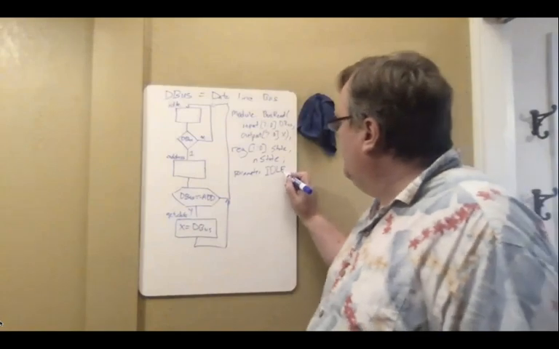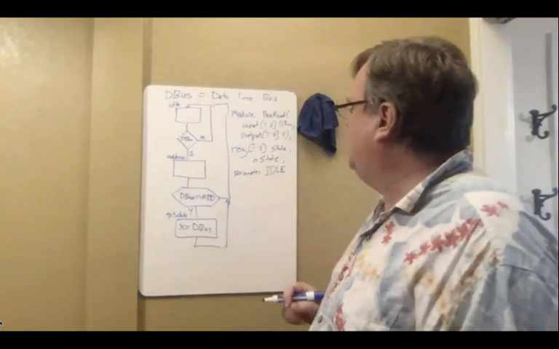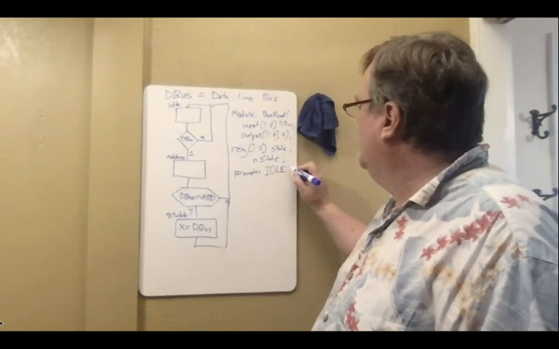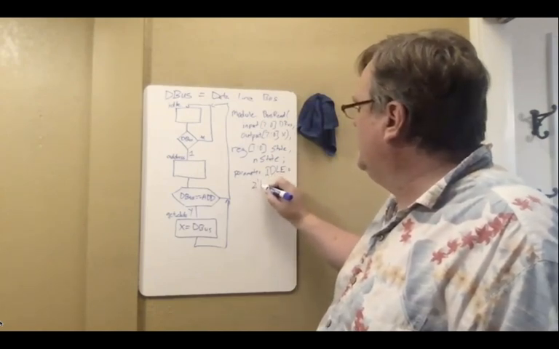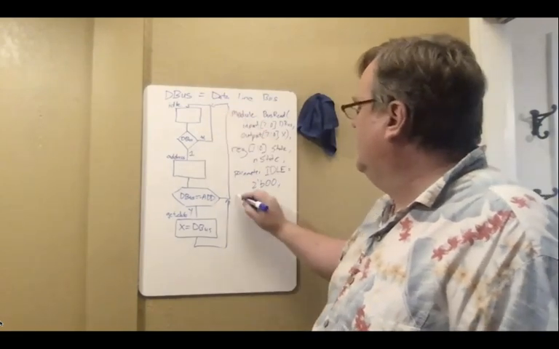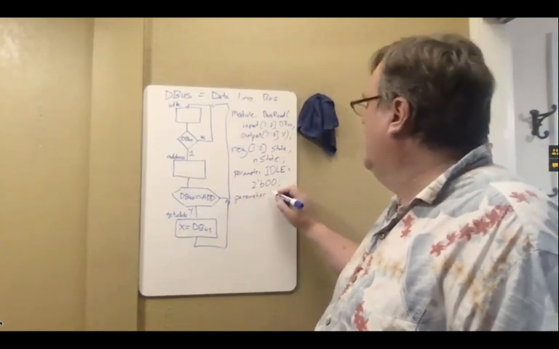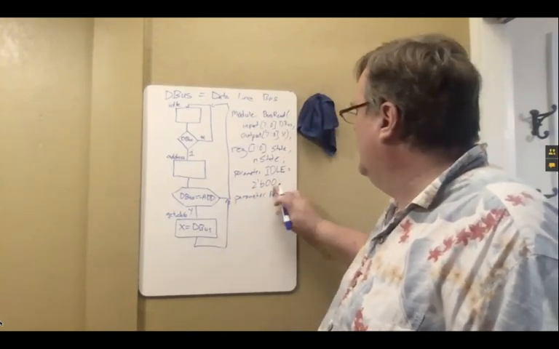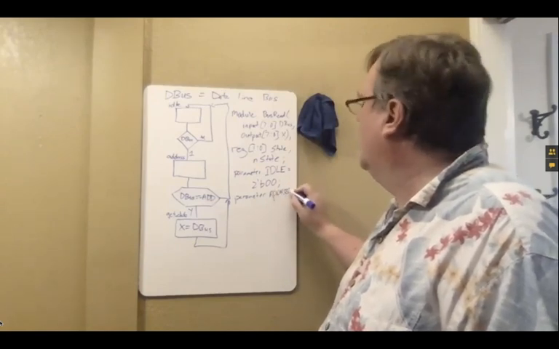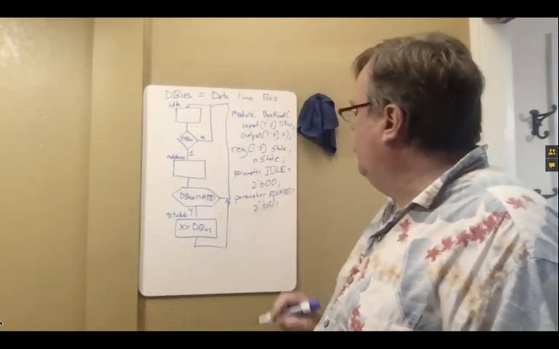Right? So by putting it in all caps, I'm telling people it's some type of constant, which is usually set by parameters. So I say parameter IDLE, and this one I'm going to set equal to 2 bits, binary 00. That'll be my idle state. And then I'll have parameter ADDRESS, and that's going to be equal to 2 bits, binary 01.